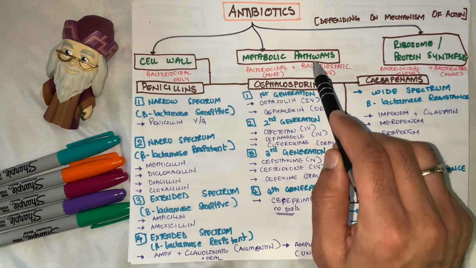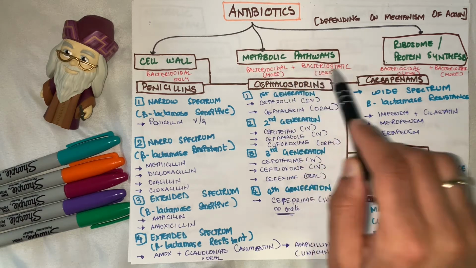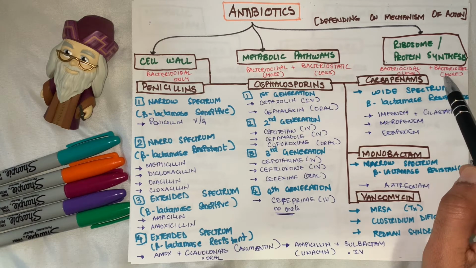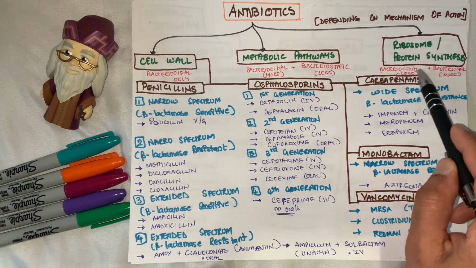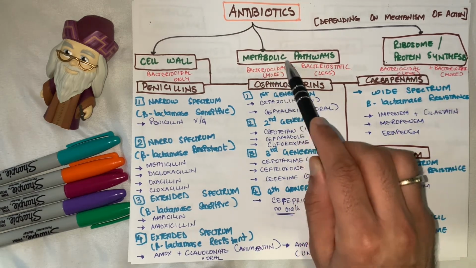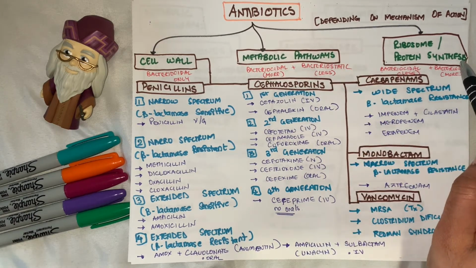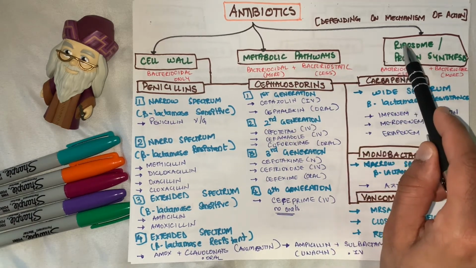However, metabolic pathway drugs are mixed action, and so is ribosome protein synthesis. Mixed action, which means some of those drugs may kill the bacteria and some of those drugs may stop the bacterial growth. We'll take a look at these two in the next category.